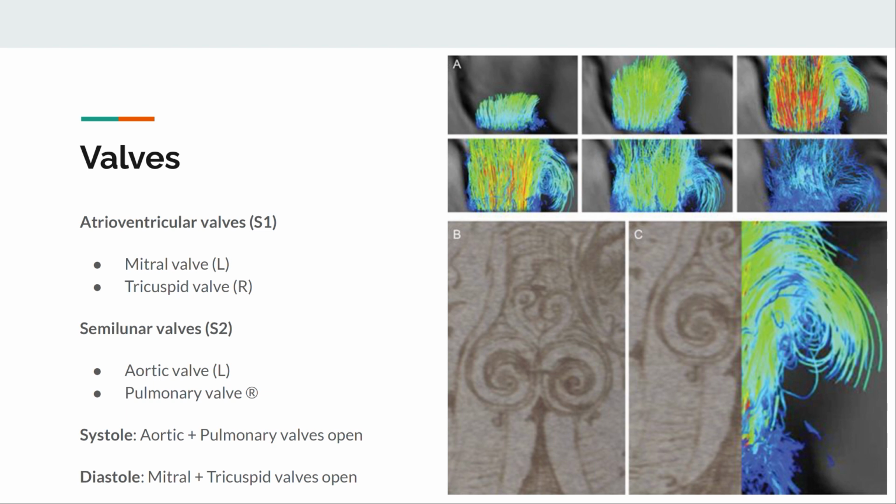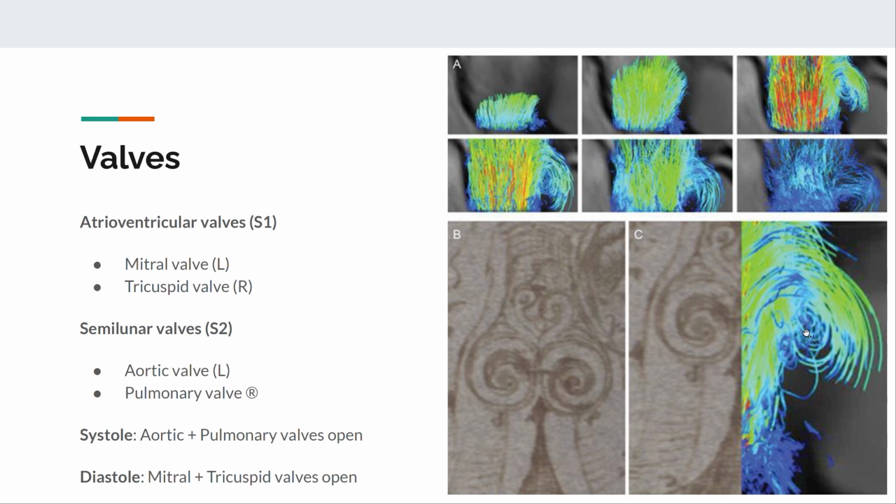The diagram on the left, bottom left, is a drawing by Leonardo da Vinci where he hypothesized how the aortic valve functions a very long time ago, and he drew these swirls because he figured that basically as blood flows out through the aorta, there'll be turbulent flow which spins within the sinuses of the aortic valve leaflets, you know where the little holes are for the coronary arteries, and that turbulent flow would then close the aortic valve.